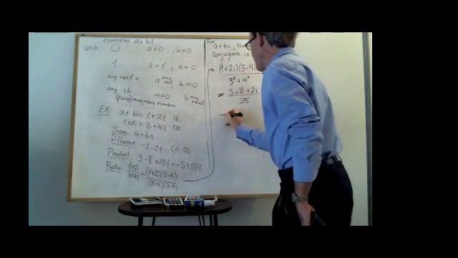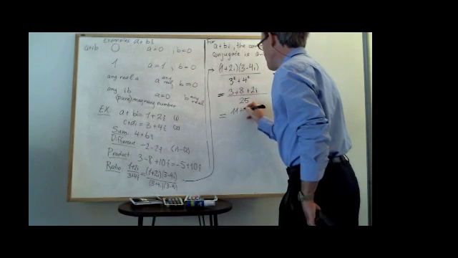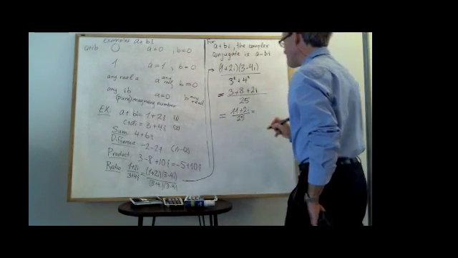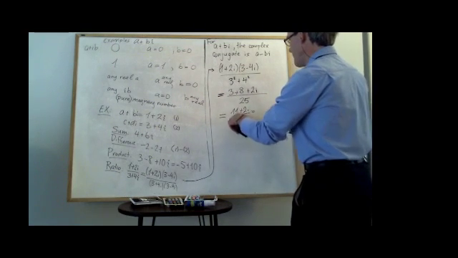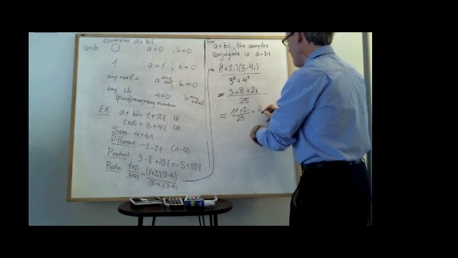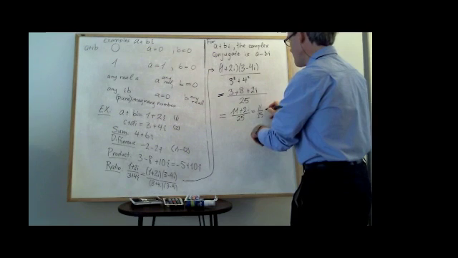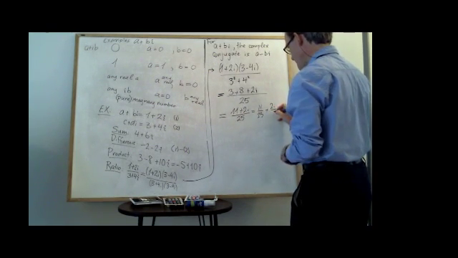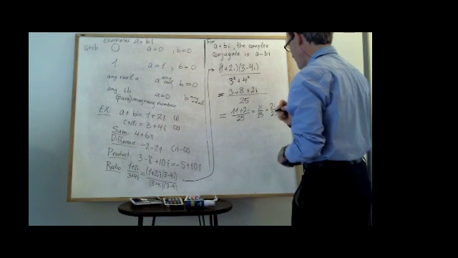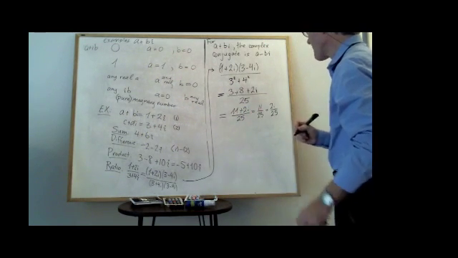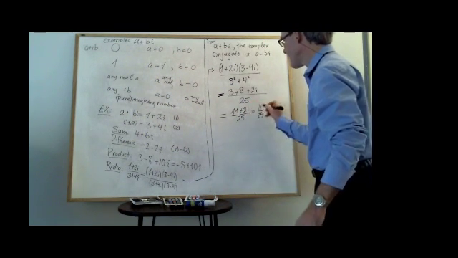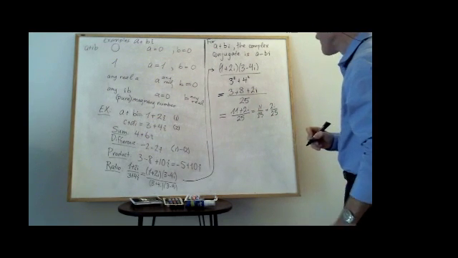So altogether we get 11 plus 2i over 25. You can divide each term in the numerator by 25 just by using the distributive law.